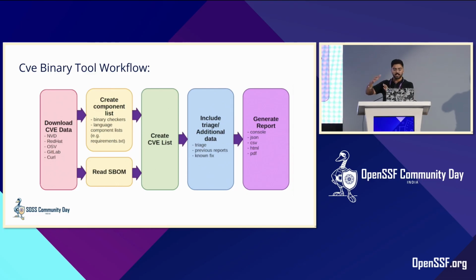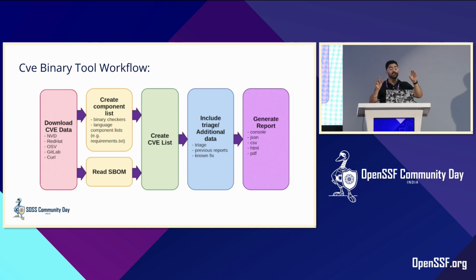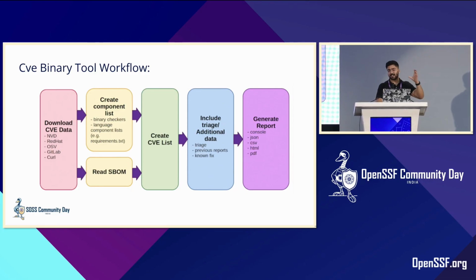I'll get back to what relevant information I'm mentioning here. We use that to map it to the National Vulnerability Database, and we'll get all the vulnerability information from that. We also support SBOM. So we'll create a CVE list from all these. If you have passed multiple files, we'll get those too.